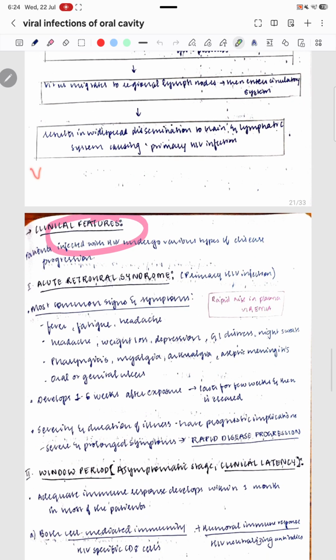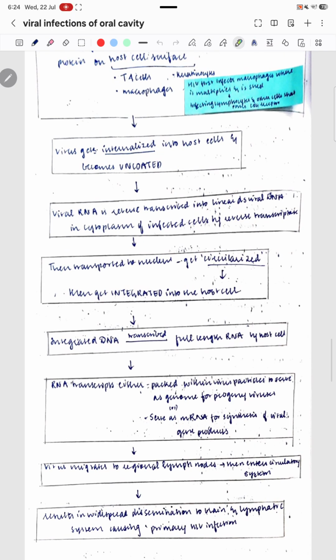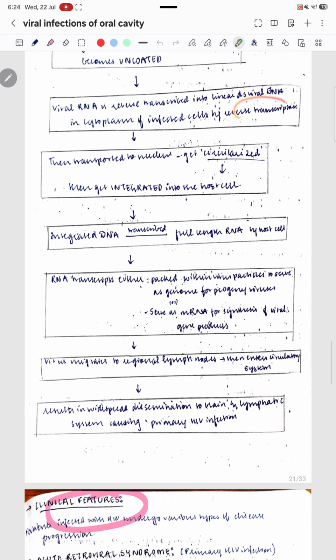So the virus is going to attack your CD4 cells, and as soon as it enters the infected cell, it becomes uncoated, the DNA of the virus is exposed, and then it is reverse transcribed onto the host cell. The integrated DNA is transcribed into full length RNA by the host cell.